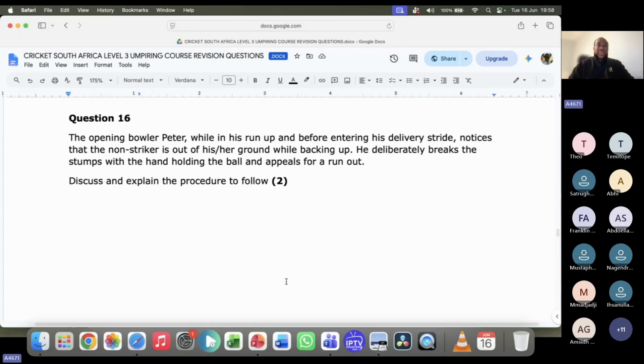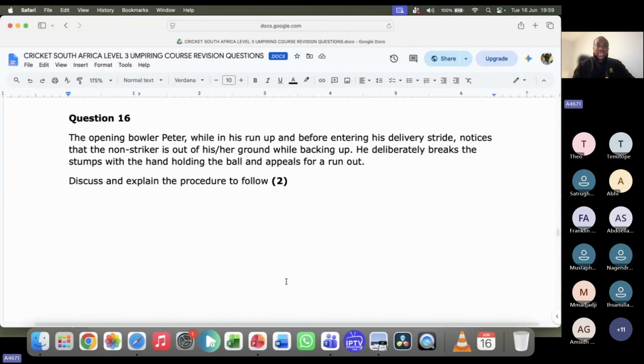Just an add-on. This is not part of the question, but usually when the bowler runs out the non-striker, they will have entered their delivery stride. I've never seen a non-striker leave the popping crease before the bowler enters his or her delivery stride.